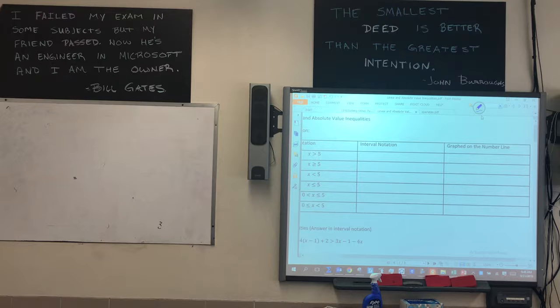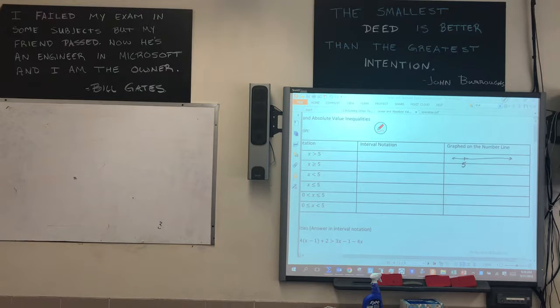So it says graph on a number line. Obviously, you guys know how to do this. If we're graphing x is greater than 5 on a number line, we're going to draw our number line. All right, we're going to find 5 on it, correct? So let's just say 5 is there. Now, if I want to be greater than 5, what numbers are greater than 5? Which direction?